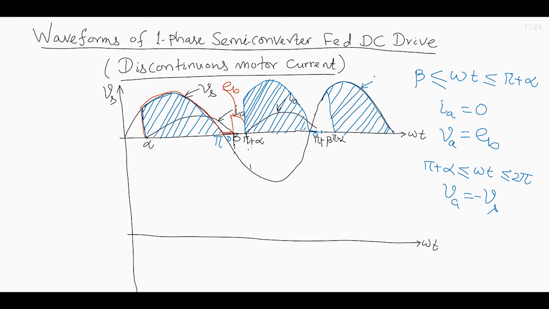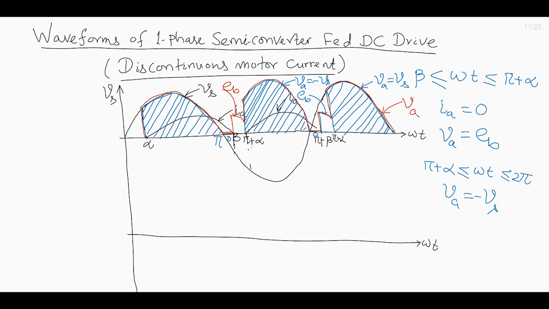Here V A equals V S. Here from pi plus alpha to 2 pi, V A equals minus V S. And from pi plus beta to pi plus alpha, again it is E B. This is V A.